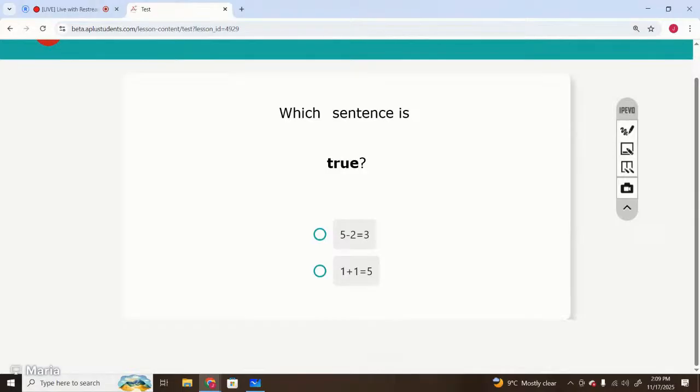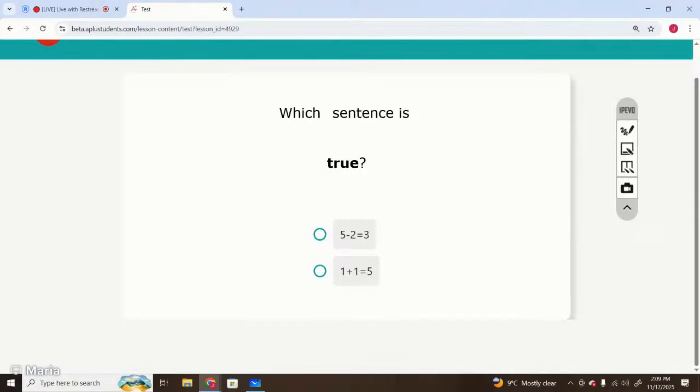Which sentence is true? 5 take away 2 equals 3 and 1 plus 1 equals 5.